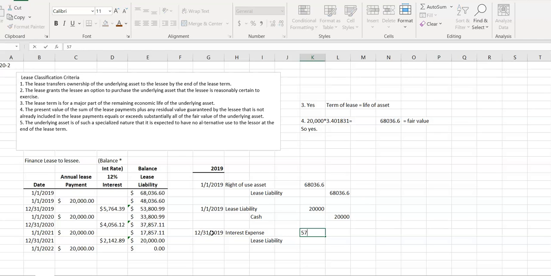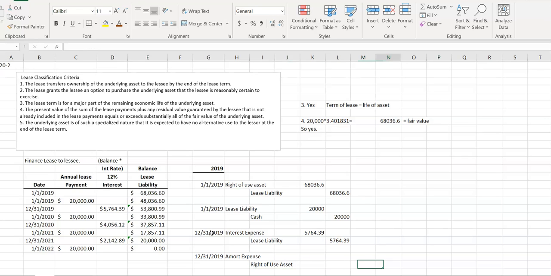And it's going to be for the $57,64.39. All right, and then also at 12/31, I need to amortize the asset. So I'm going to have amortization expense, and it comes right off of the right of use asset. And we're using straight line, so it's going to be the 68,036.60 divided by the 4-year term.